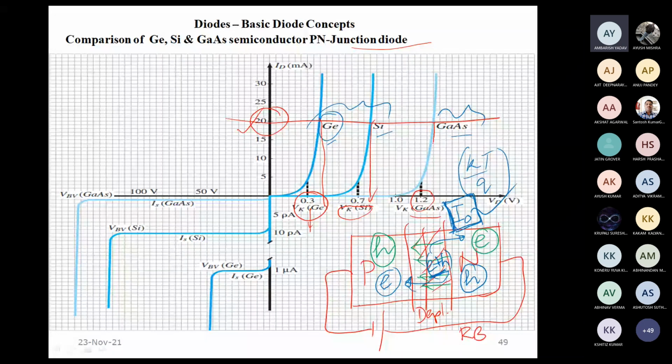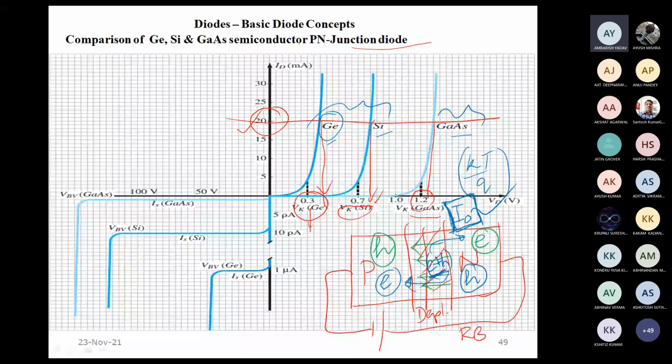Say around 0.4 volt may be required by germanium, 0.8 by silicon, and 1.3 volt by gallium arsenide, something like that.